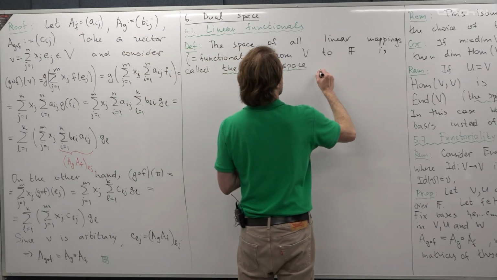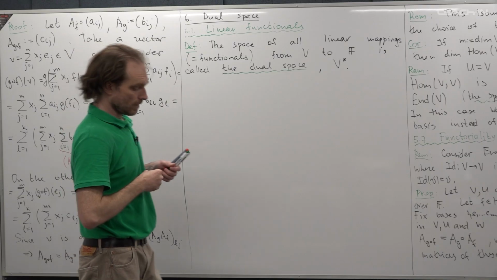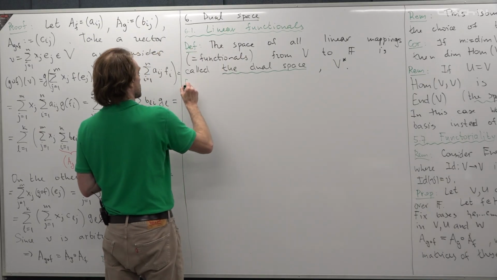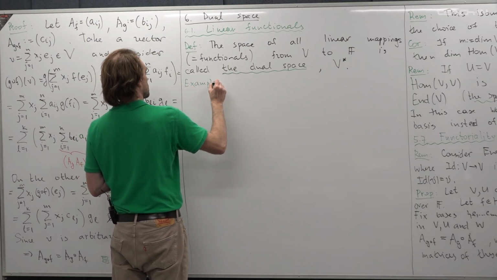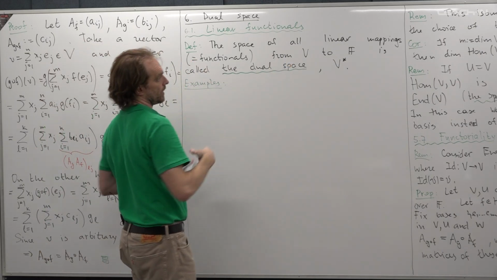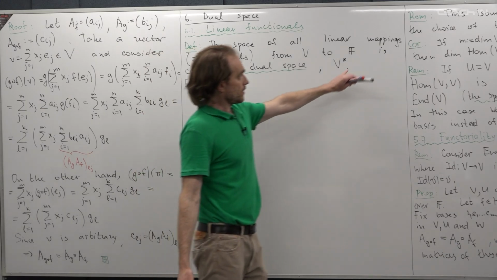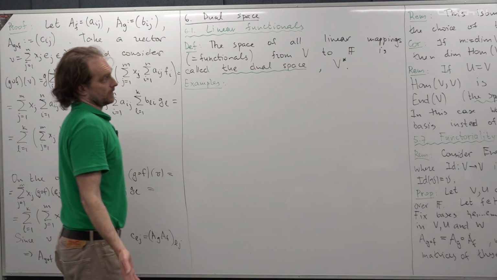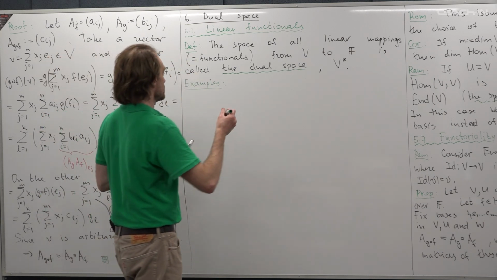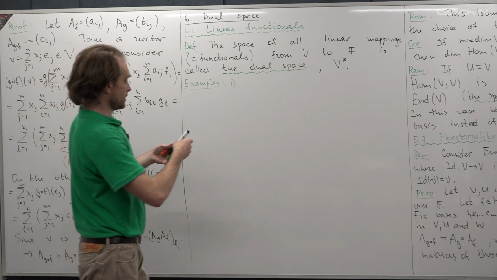And there is the standard notation V star. So V star is the space of all linear functionals. And now let us consider some examples of linear functionals. So we already know that this is a vector space. It follows from what we just discussed, because here the second vector space is just a field, which is a one-dimensional vector space over itself.